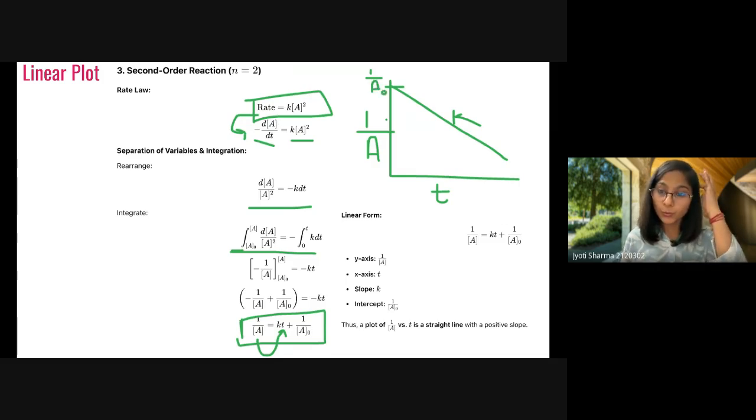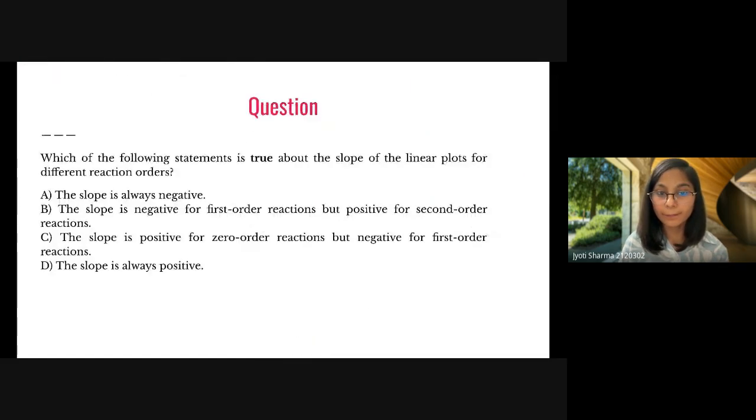So you got plots for first order, for zero order, and for the second order, and you got to know the equations. From those equations, we can plot our straight line plots from y and x, as we have already seen, right? Okay, so you have seen the slope of each of these first order, second order, and zero order reactions.